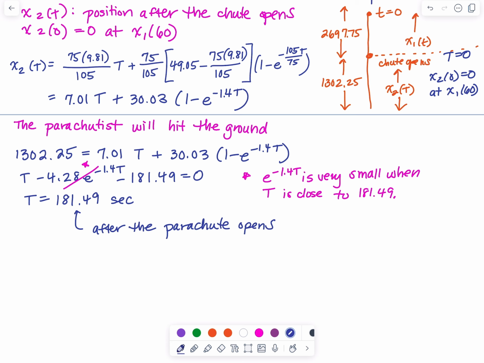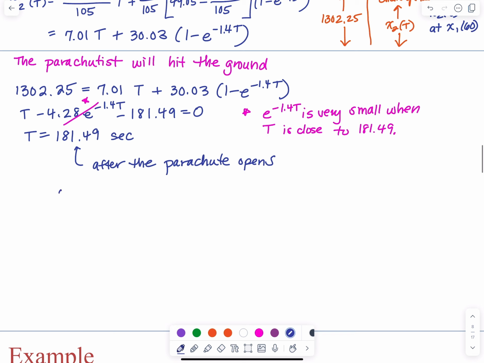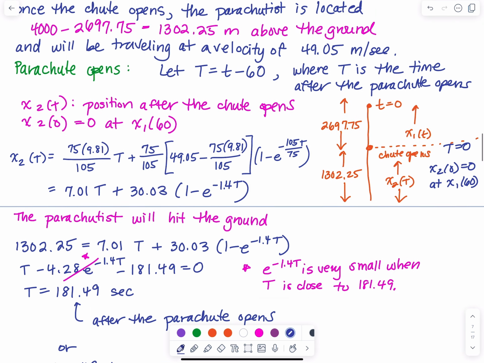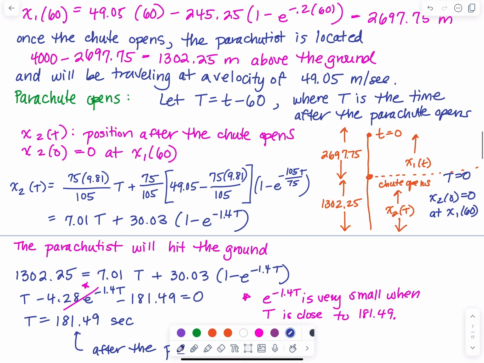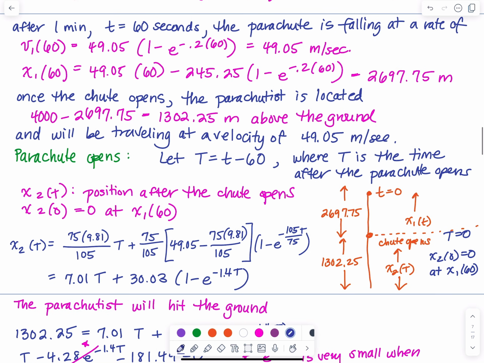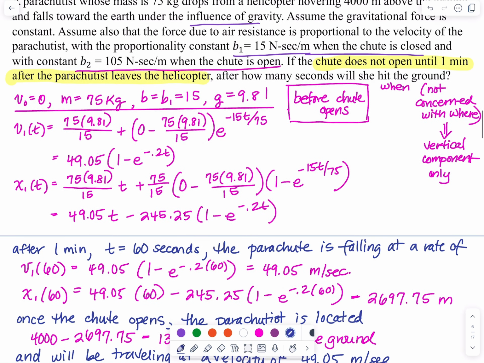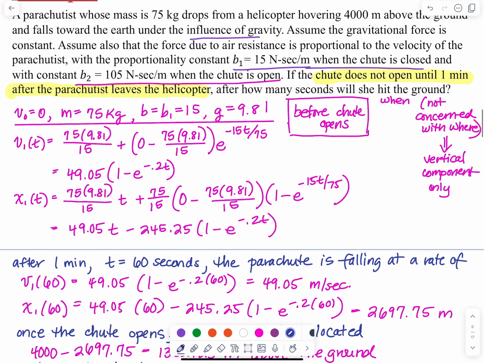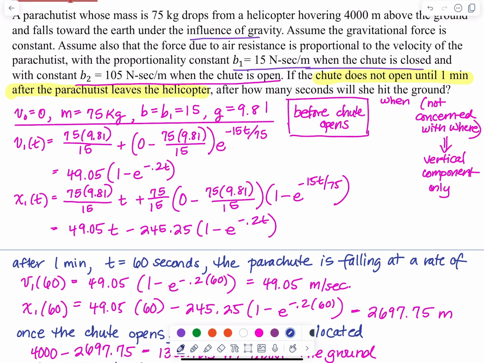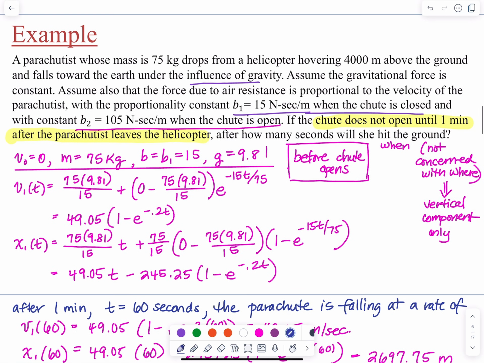Or we could say we can add 181.49 plus that time that we had here, 60 seconds, which was the 1 minute.